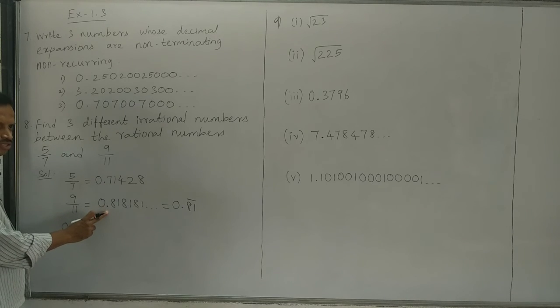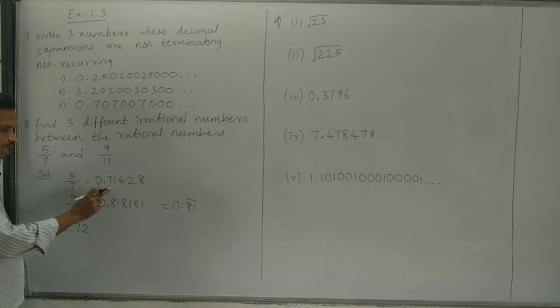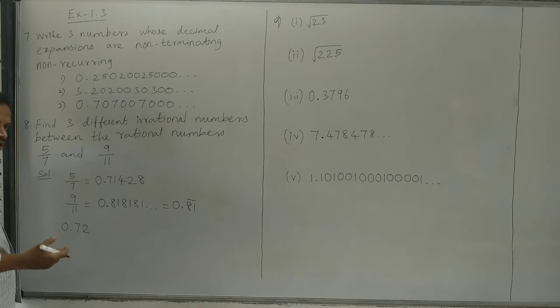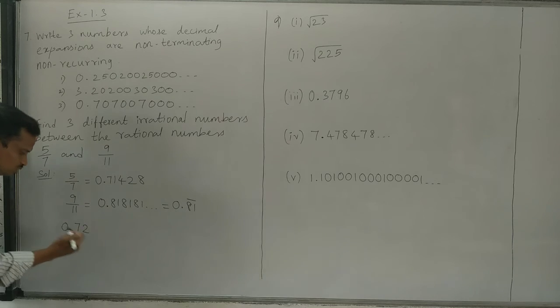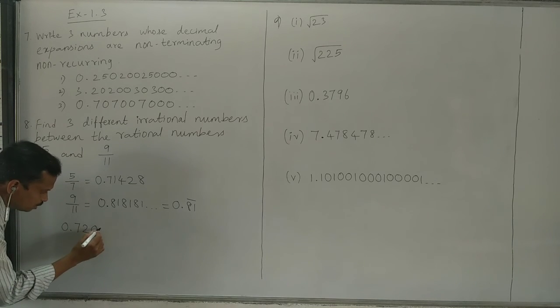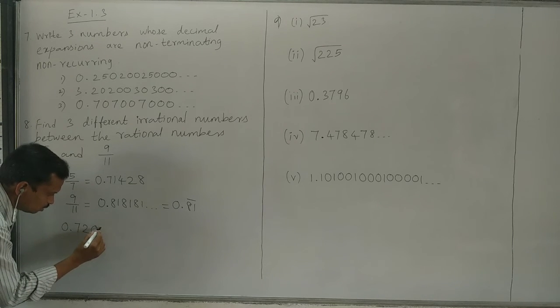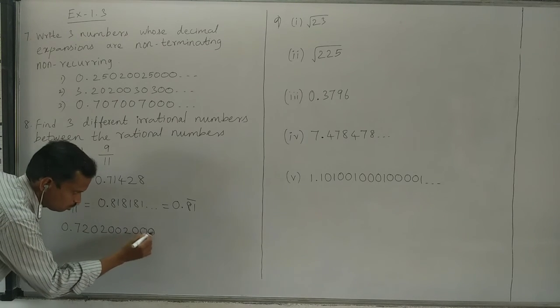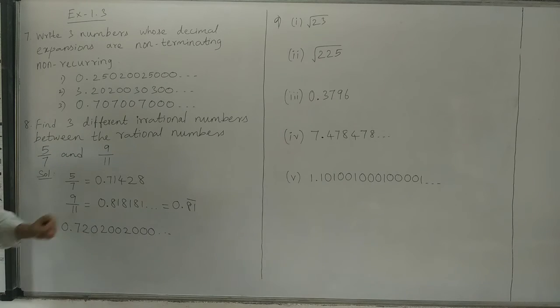Here the 10th digit is 8. So between these 2, after 7, 7, 2, 7, 3, like that, up to 7, 9, we can write any type of numbers. So 0.720200200, etc. So like that, it is an irrational number, which is non-terminating and also non-repeating. So this is an example between these 2 numbers.